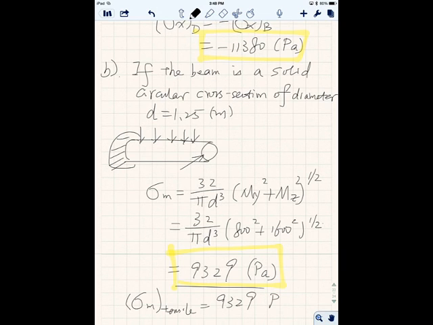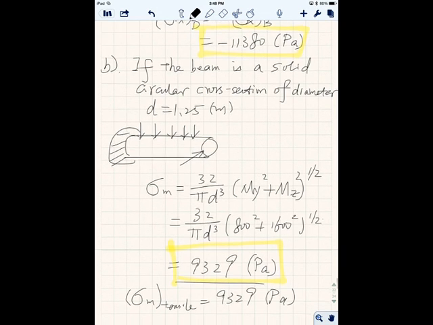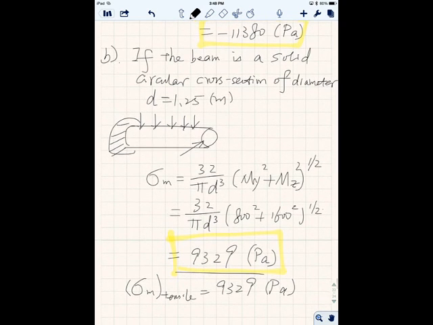When you have a circular shape beam, tensile is 9329, while compressive is negative 9329, right?